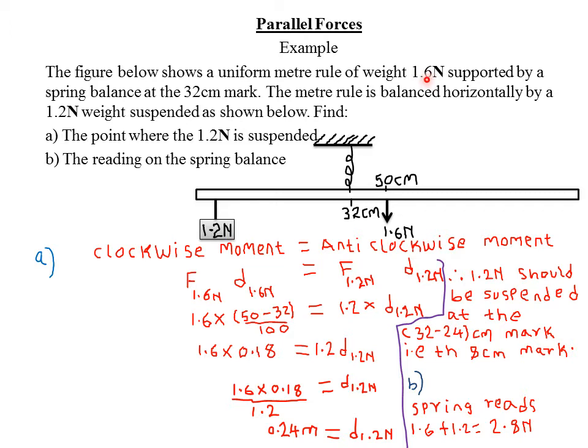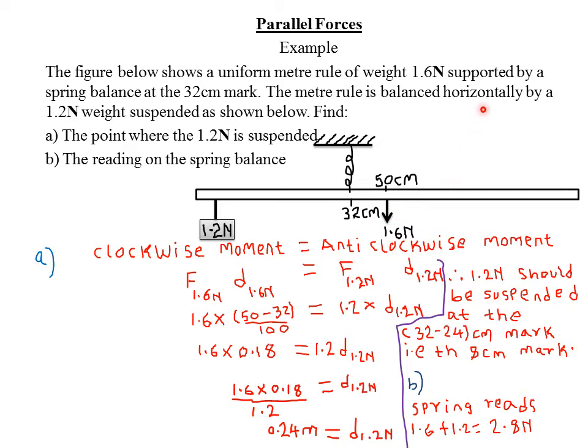So the weight of 1.6 Newton will act at the 50 centimeter mark. Why? Because the 50 centimeter mark represents the midpoint, or the center of gravity, of a meter rule of 100 centimeters. You take 100 centimeters divided by 2, and you get 50 centimeters. That is where the whole weight of the meter rule acts from.